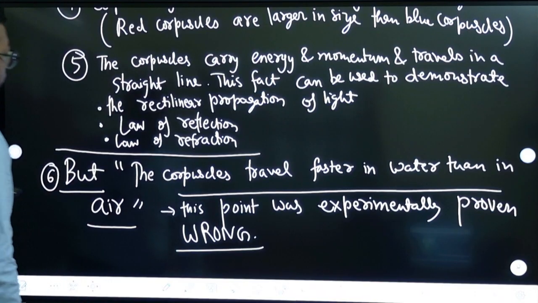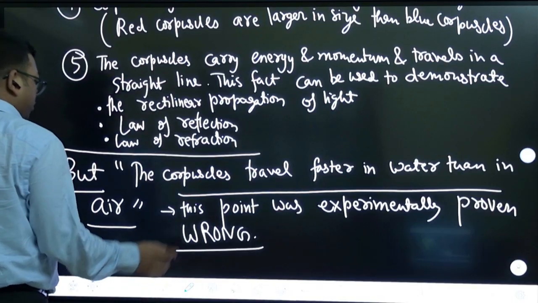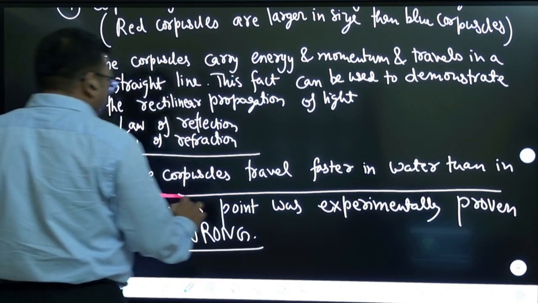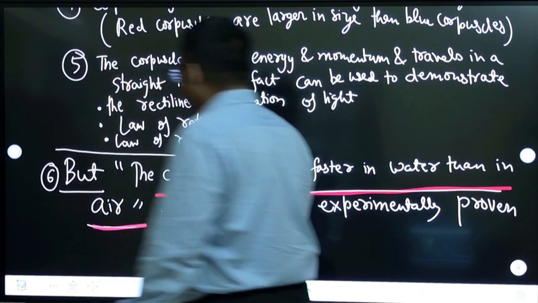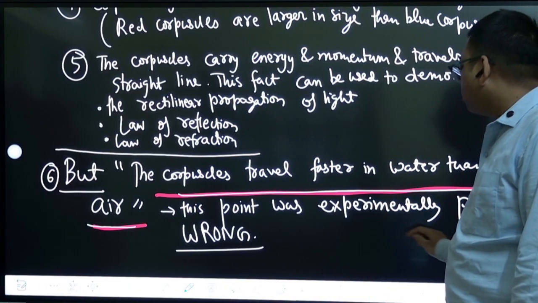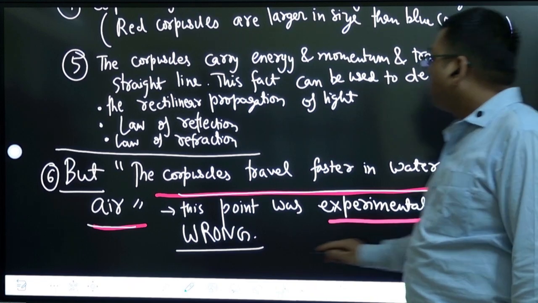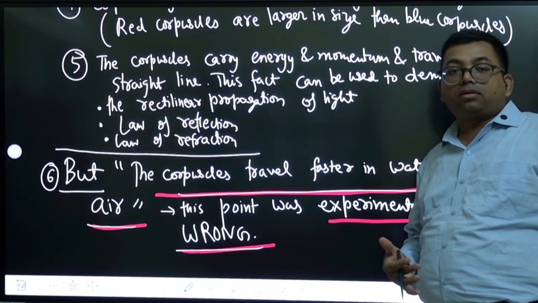Okay, so this is a major point where Newton's theory, not law, theory: if corpuscles travel faster in water than in air. This is a theory which he made, and this theory was proven wrong experimentally, so people rejected his idea.